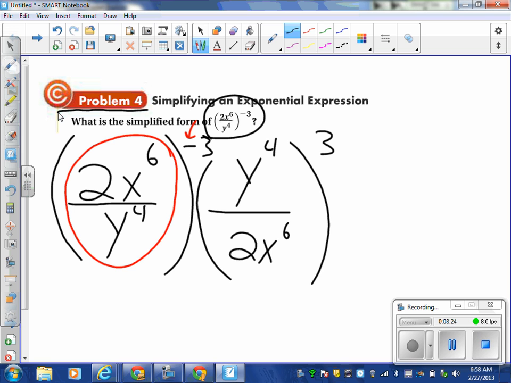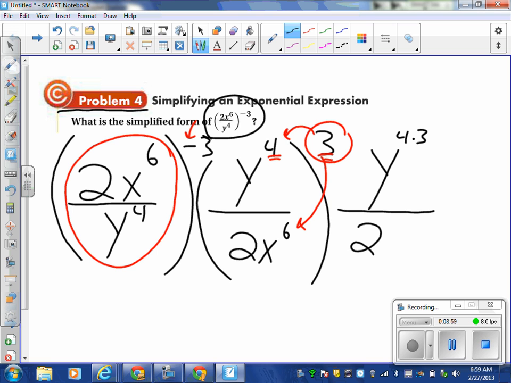So what does this tell me I need to do? Just like in our other example, this 3 needs to be distributed with each of those numbers. So what do we do when we have a number next to another number instead of parentheses? Correct. We multiply these 2 numbers, which will give us y to the 4 times 3, over 2.